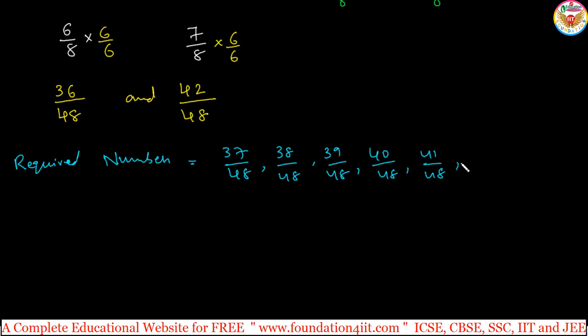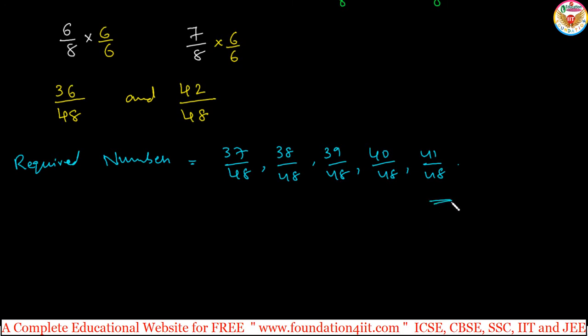That is 1, 2, 3, 4, 5, exactly 5 numbers between 36 by 48 and 42 by 48. There is no need to add and divide by 2 or use the a plus c by b plus d formula. Directly, these are the required 5 numbers between them.